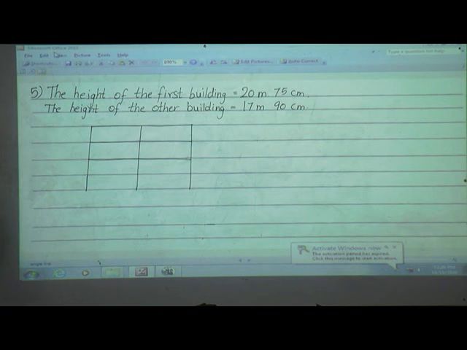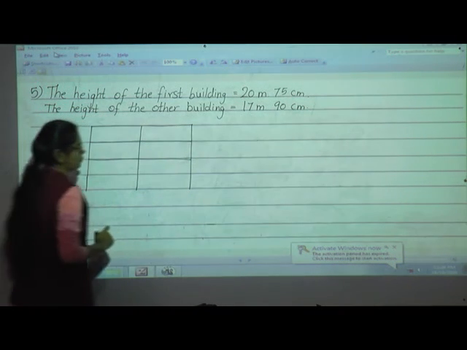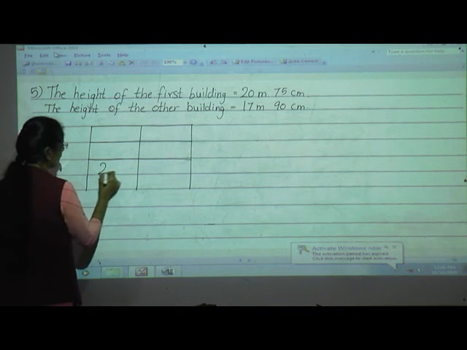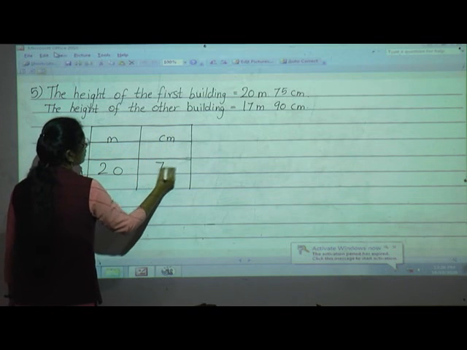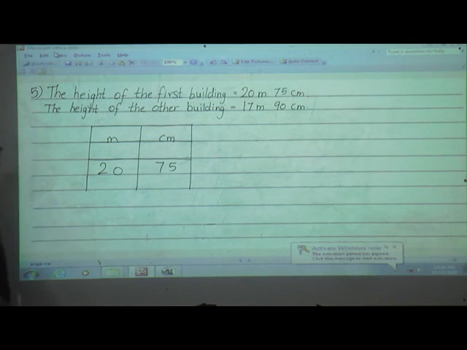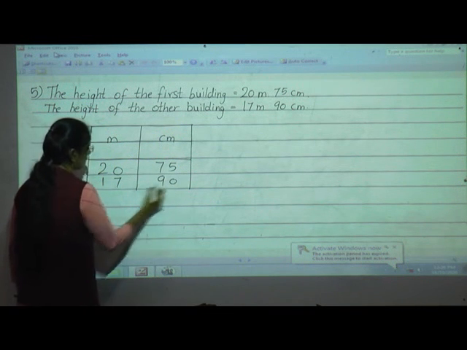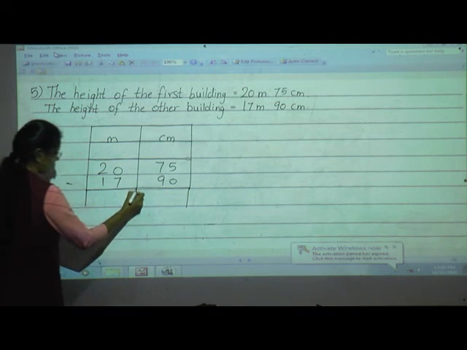So compare 20 meter and 17 meter. Which one is greater? 20 meter is greater. So from 20 meter we have to subtract 17 meter. Okay, so 20 meter 75 centimeter minus 17 meter 90 centimeter. Now we will do the subtraction.